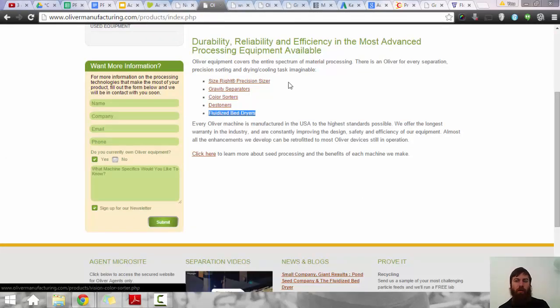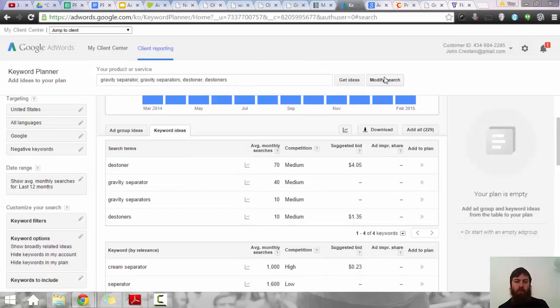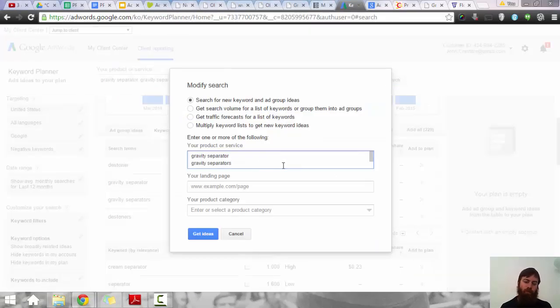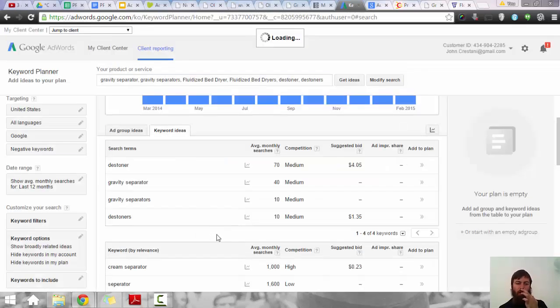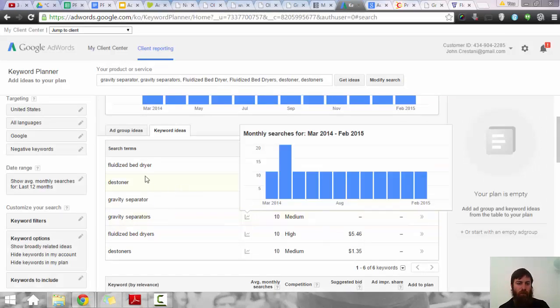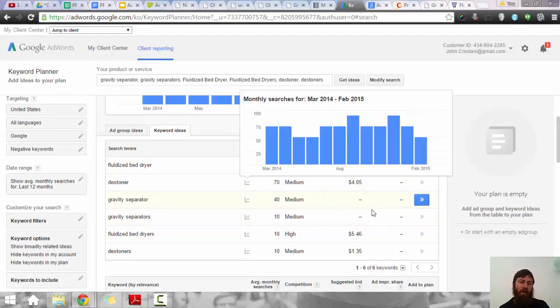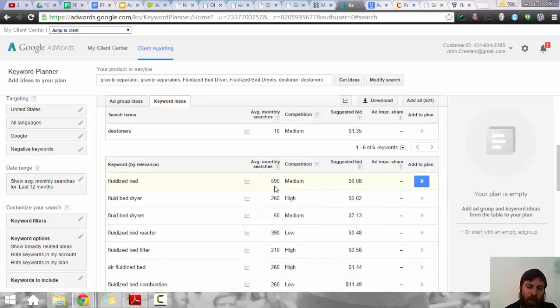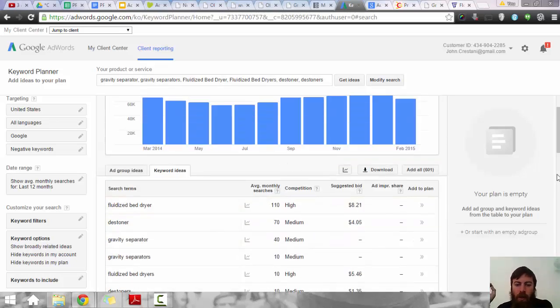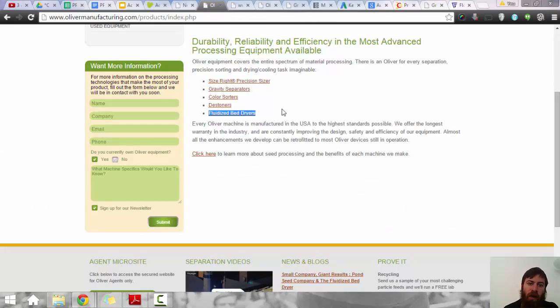Fluidized bed dryer. I'm just doing the singular and the plural. Fluidized bed dryer. See, we're seeing about 100 searches a month, and keep in mind, some of these things, that's pretty good.